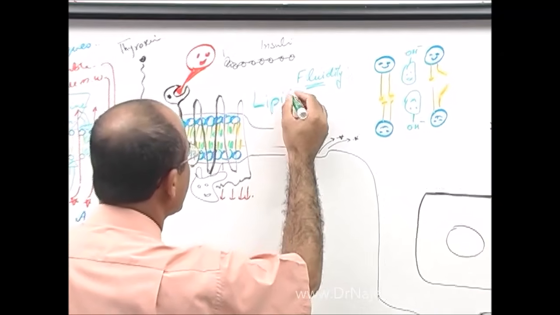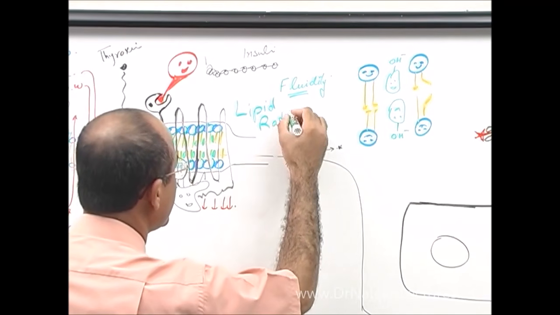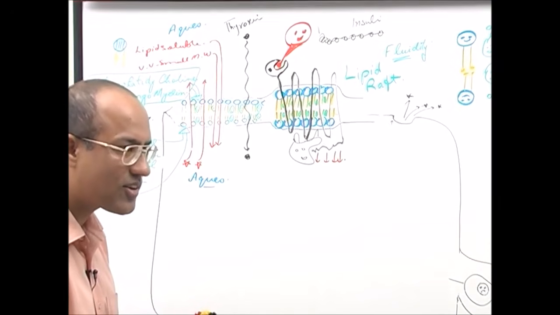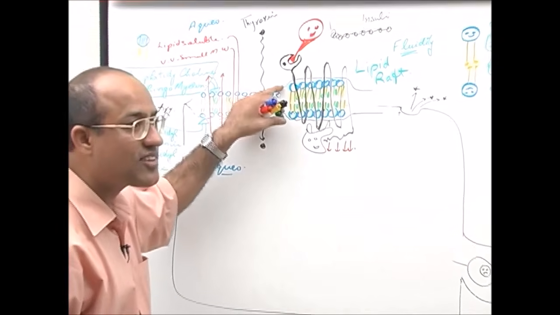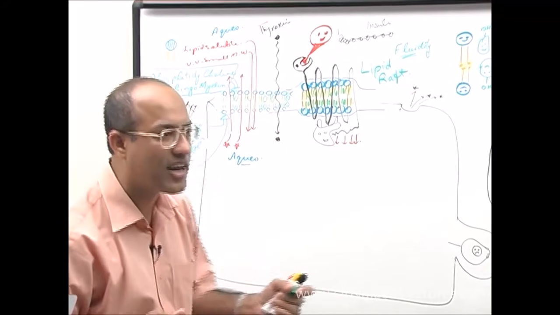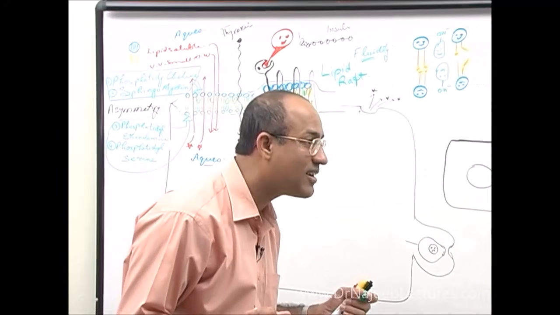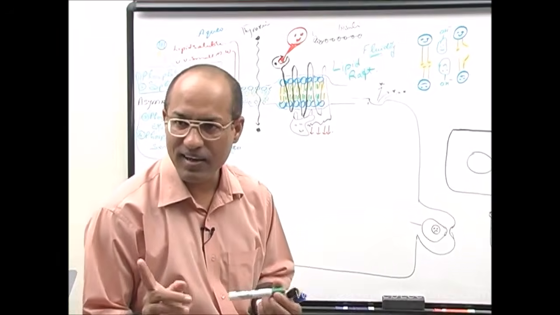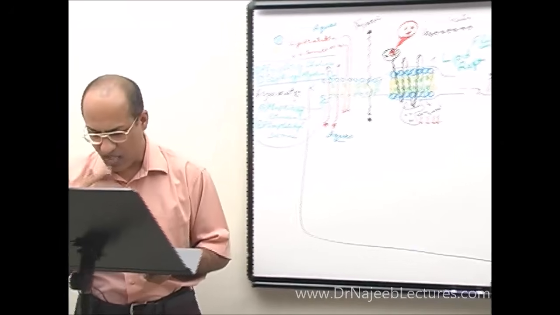Lipid rafts. You know, rafting. Is that right? So we say receptors and their associated proteins are rafting in the membrane in a specialized area. Am I clear? No problem up to this?